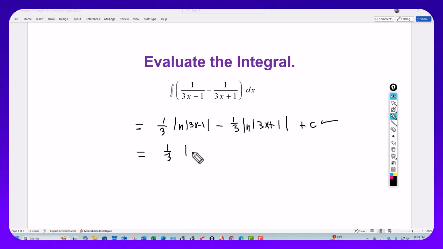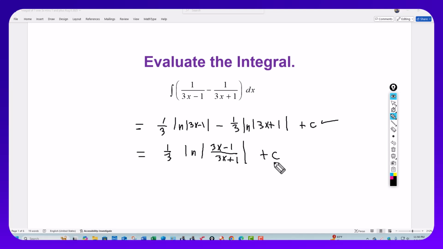Anytime you have a difference of logs, you can write the expression as a single log. The first expression will be in the numerator, and the 3x plus 1 will be in the denominator. So it'll be 3x minus 1 over 3x plus 1 plus the constant of integration.